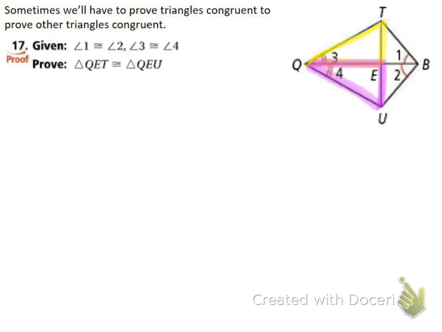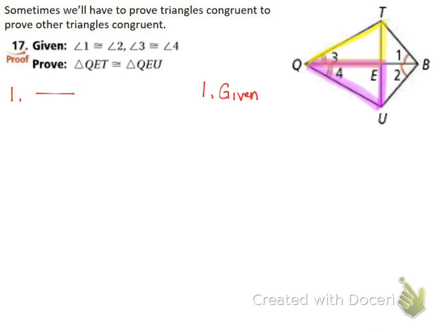And so again, where I'm going to start is with my given statement. So I've got angles 3 and 4 equal to each other, which is already marked on the picture. I don't have any other given information other than angles 1 and 2, which aren't part of that triangle, to use.